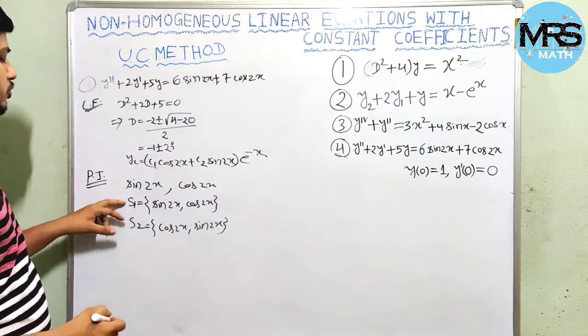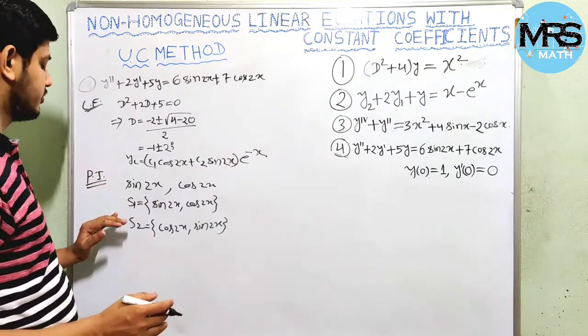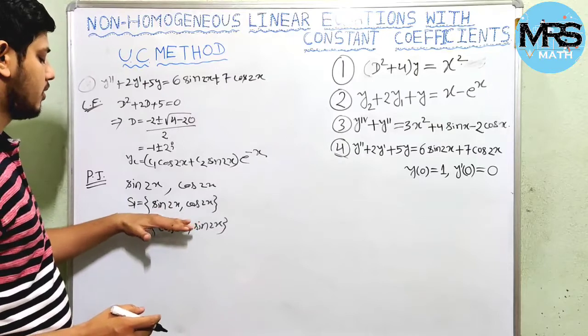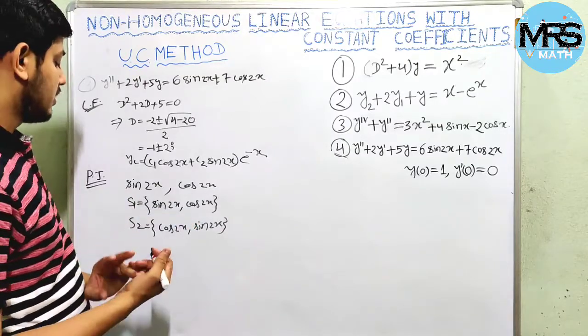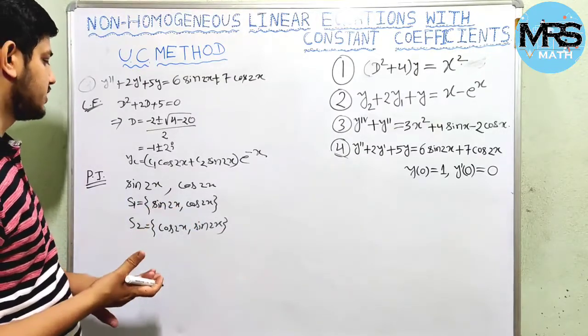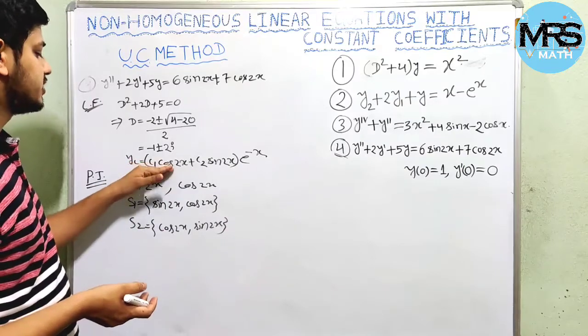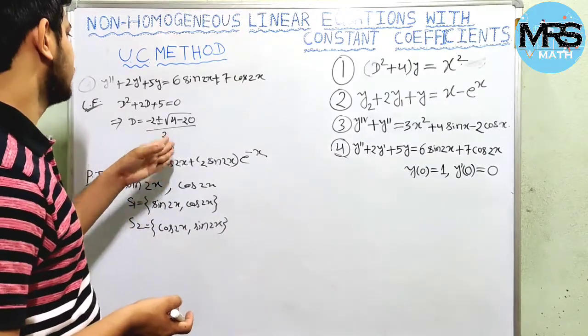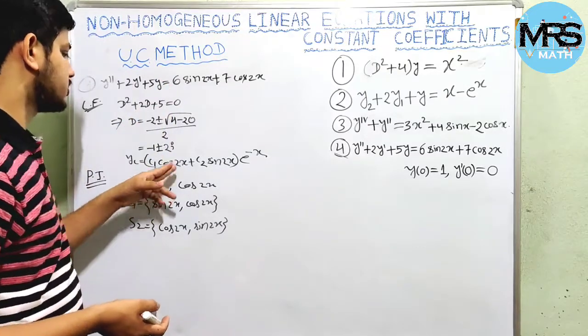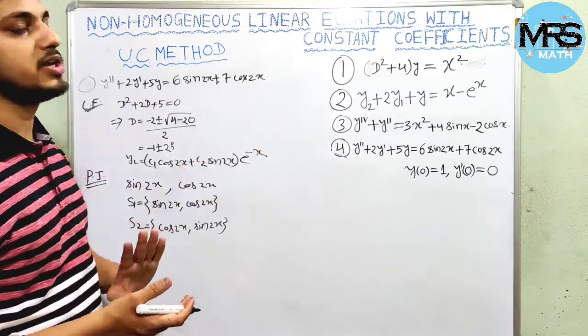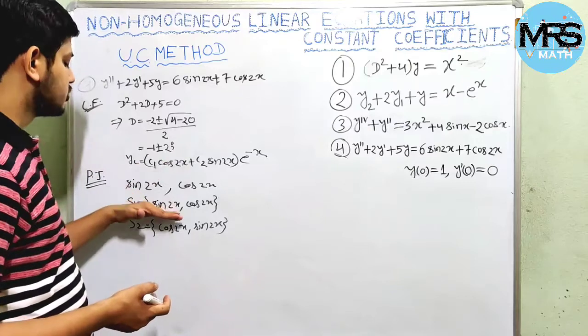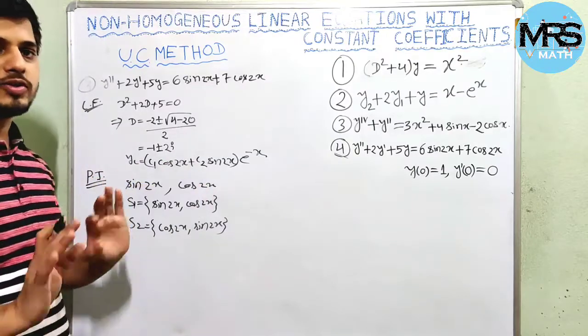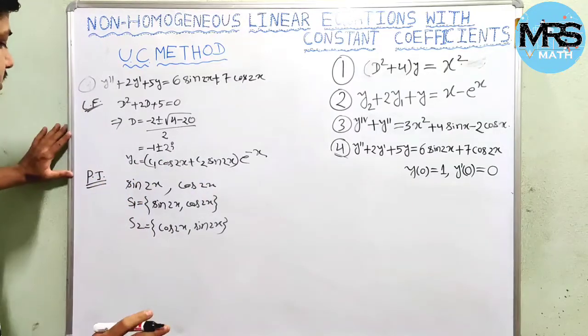So these two UC sets are the same, okay? So we can exclude one of them. Now if you consider sin 2x, cos 2x, you can see there is no member present in the homogeneous solution of this equation, that is cos 2x, sin 2x multiplied by e to the minus x, okay? So there is no similarity, so we cannot delete anything.